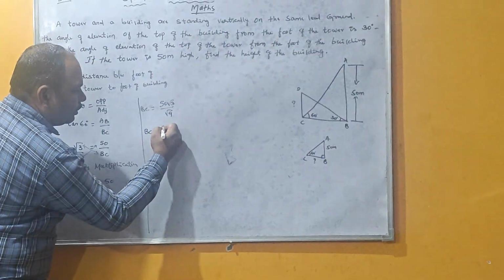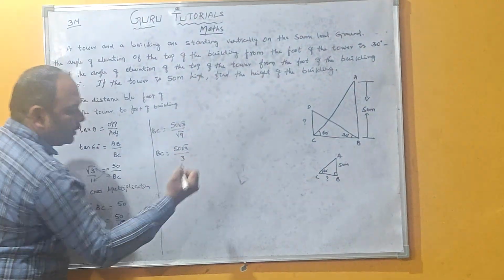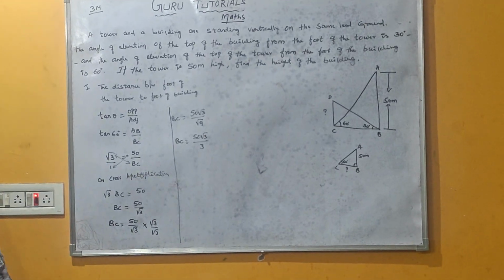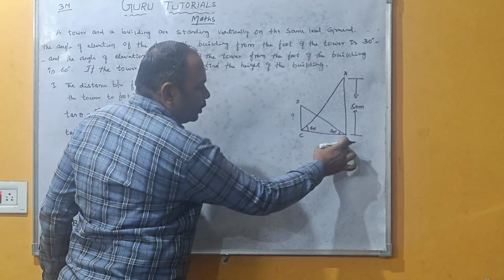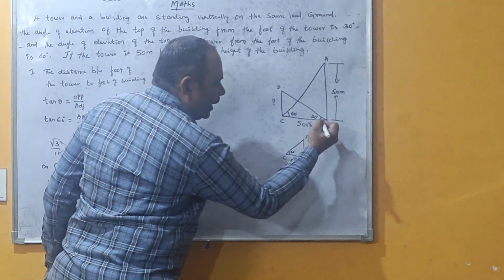So BC is equal to 50 root 3 by 9 square root, which is 3. So what is the distance between the foot of the tower and the foot of the building? That is 50 root 3 meters.